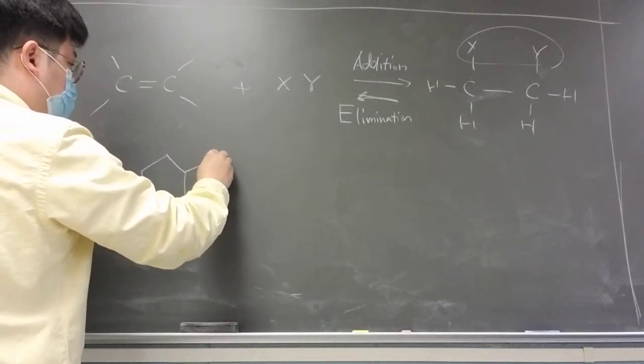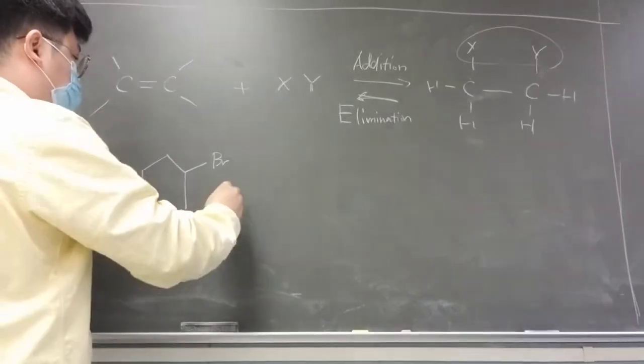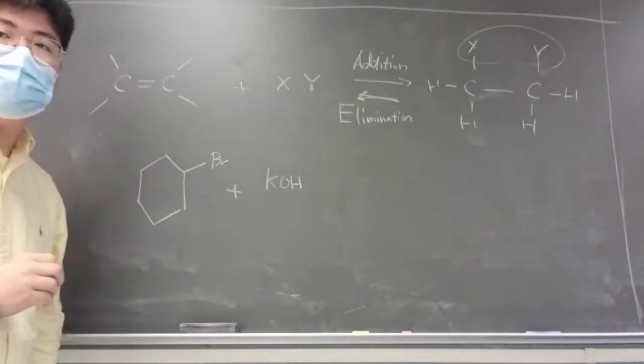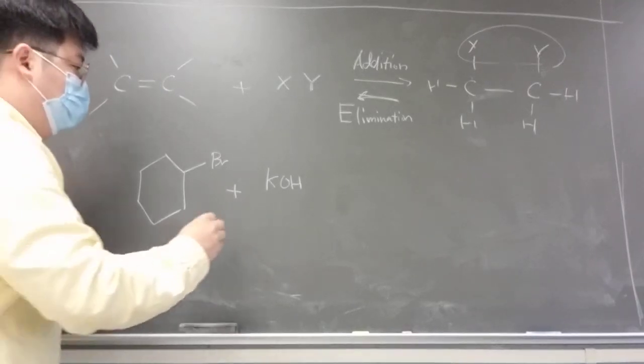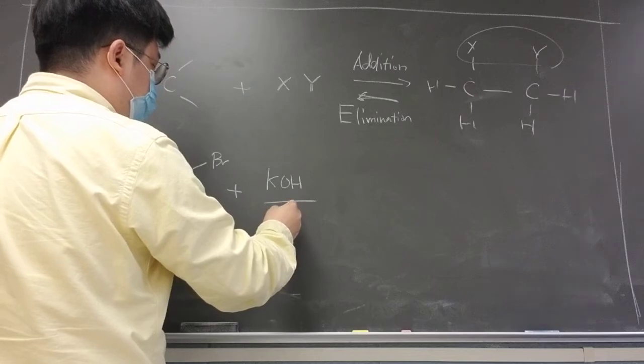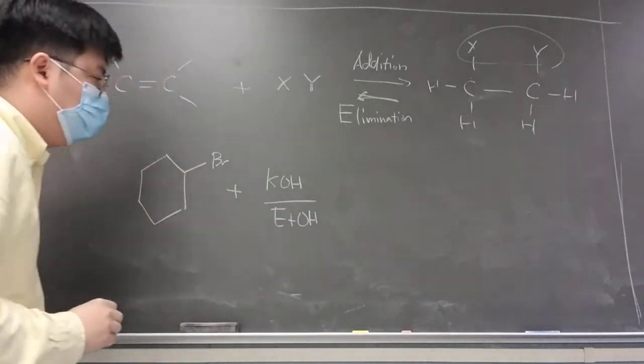If you have bromocyclohexane, what you can do is try to use some base, like potassium hydroxide, which is a good one. And then you can also put it in ethanol here.